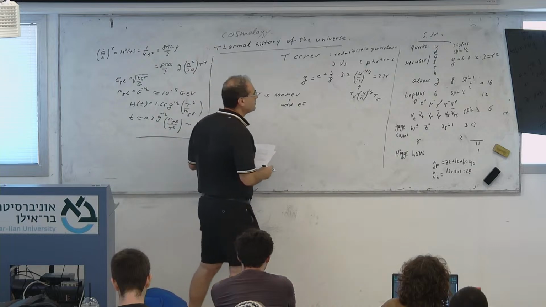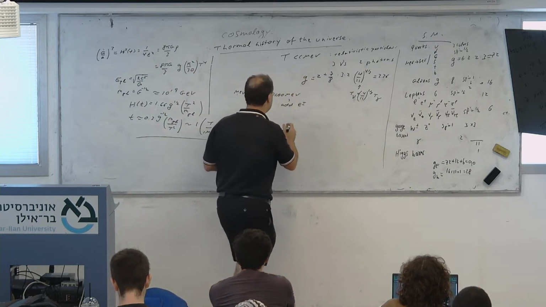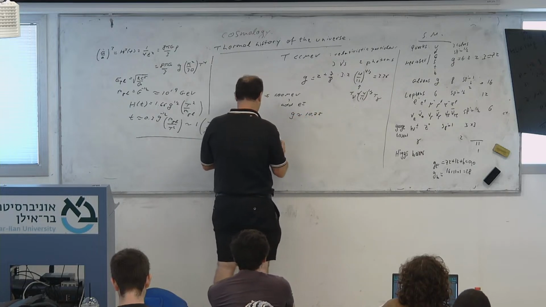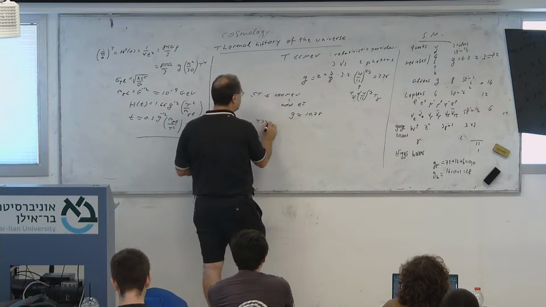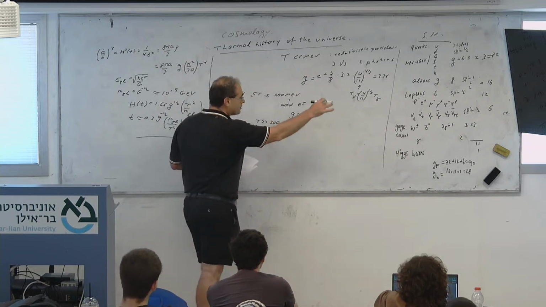So I have 2 more fermionic degrees of freedom, so we end up with g equal to 10.75. If the temperature is much greater than 300 GeV, then we have all species here.